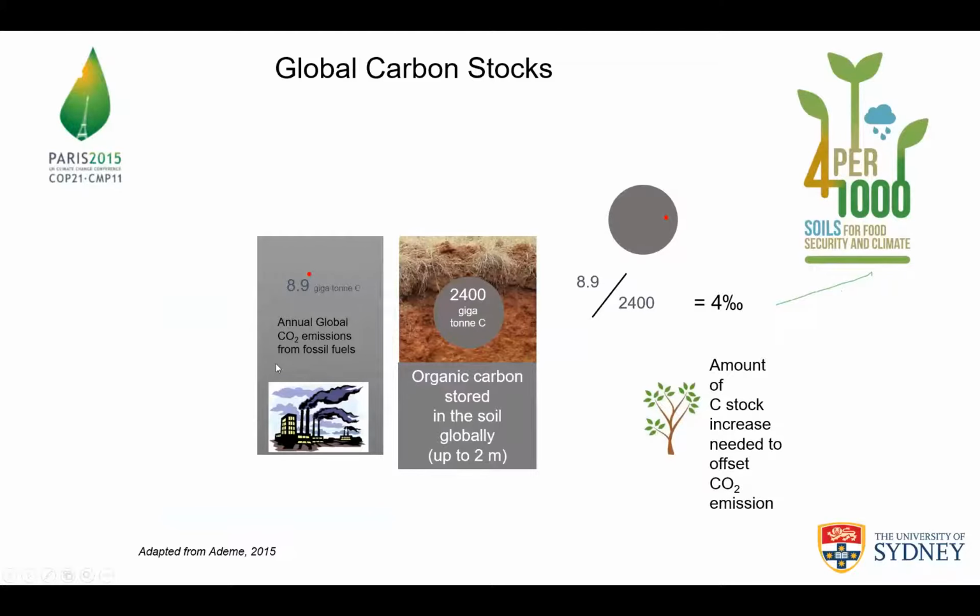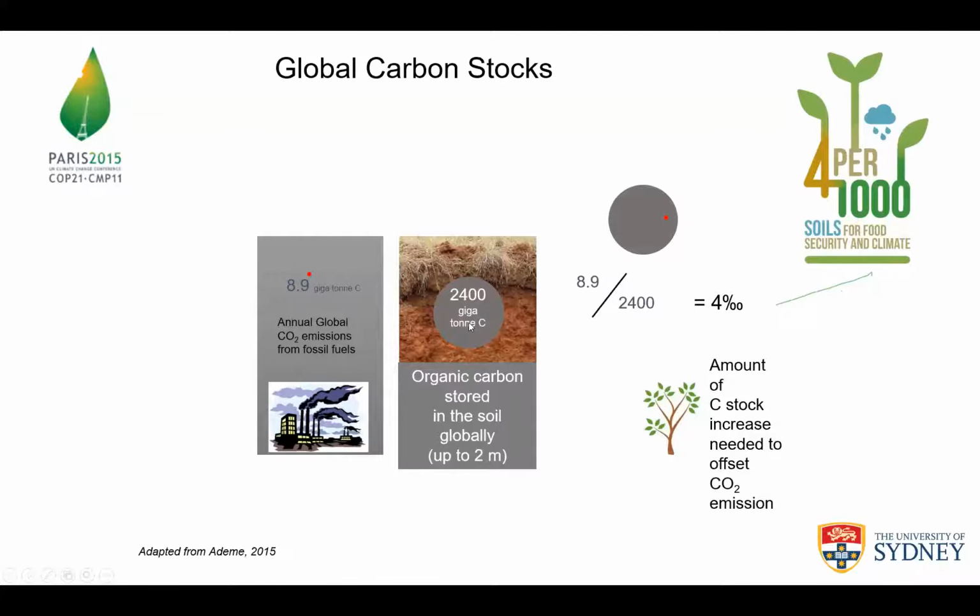Annually our CO2 emission from fossil fuel is around 8.9 gigatons of carbon, or 8.9 billion tons of carbon, which we talked about earlier. But organic carbon in the soil is quite a lot. If you take the soil of the world, there are around 2,400 gigatons of carbon, or billion tons of carbon.